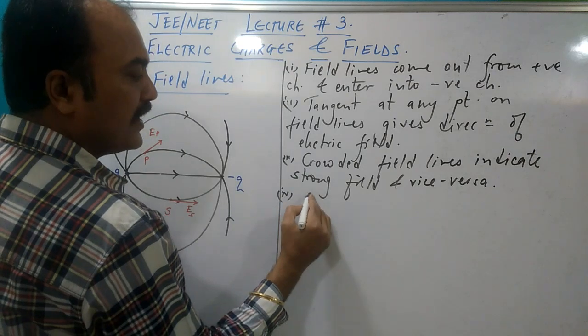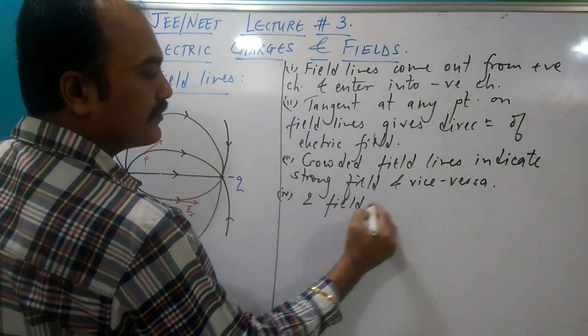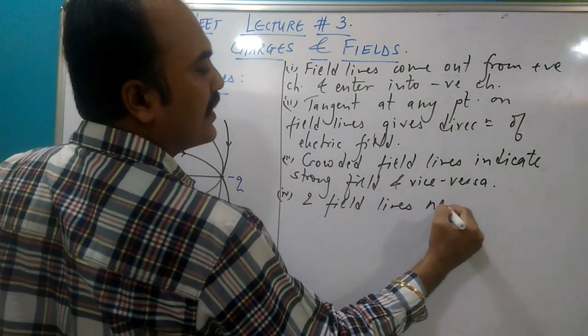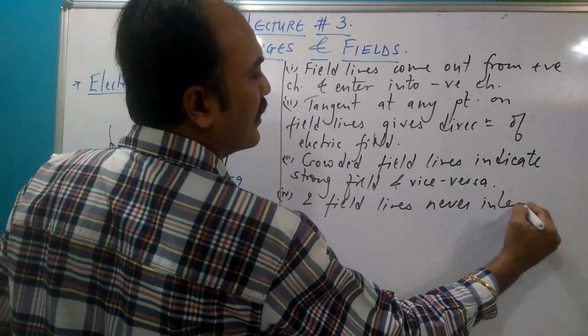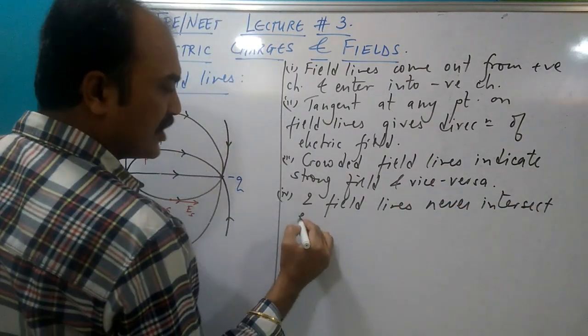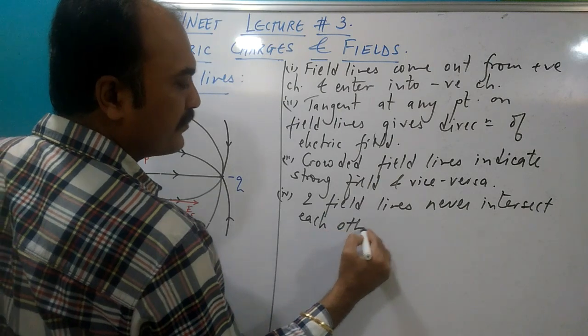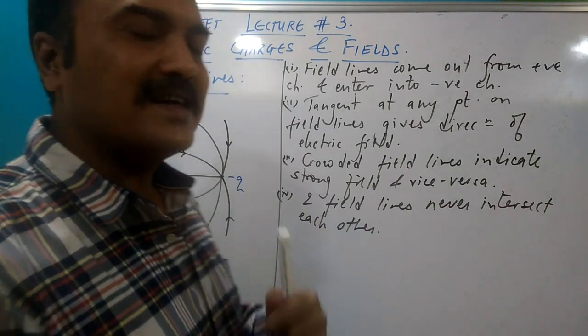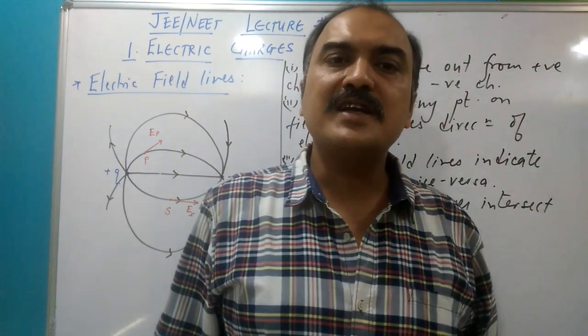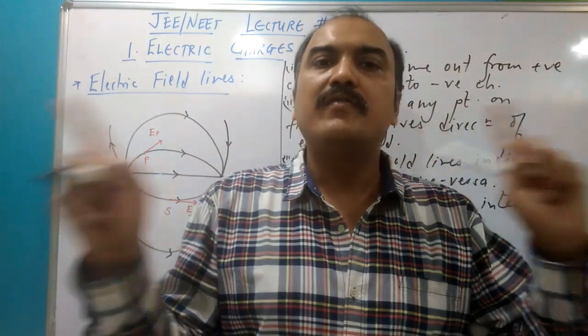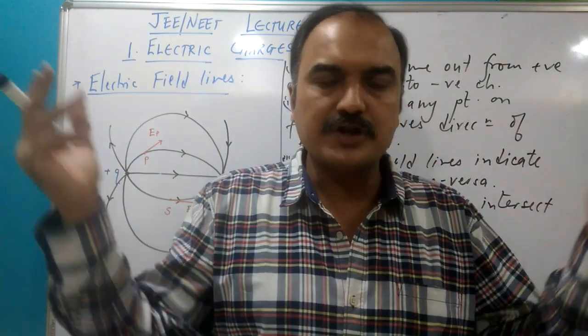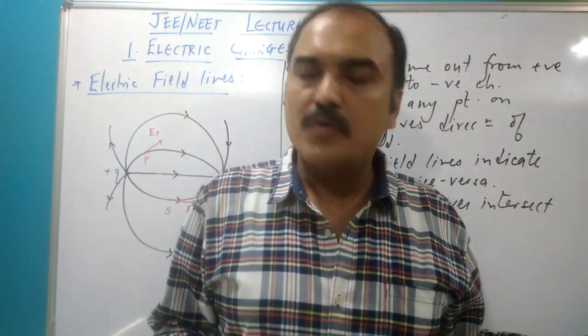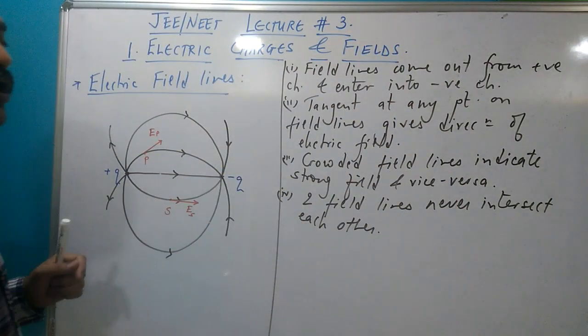Fourthly, and very importantly, two field lines never intersect each other. I'm sure you remember that if two field lines intersect, then at the point of intersection there can be two tangents which would indicate two different directions of the same electric field, which is not possible. So two field lines can never intersect each other.